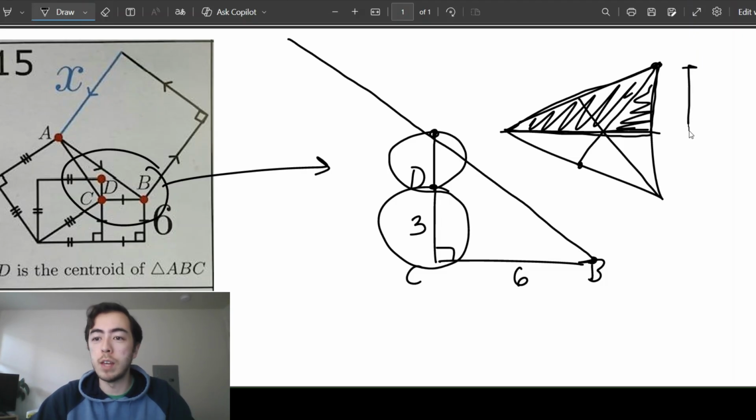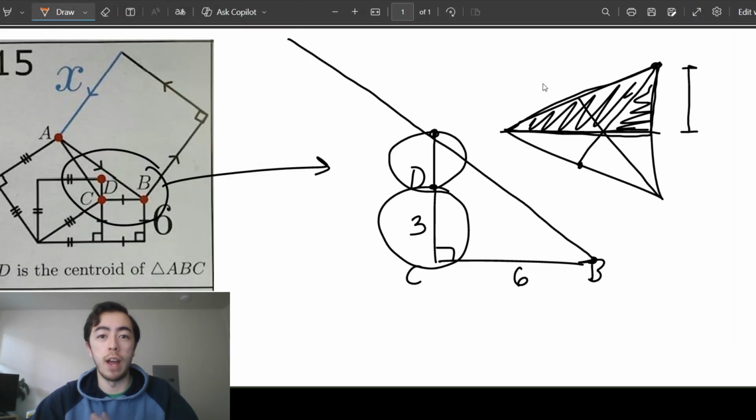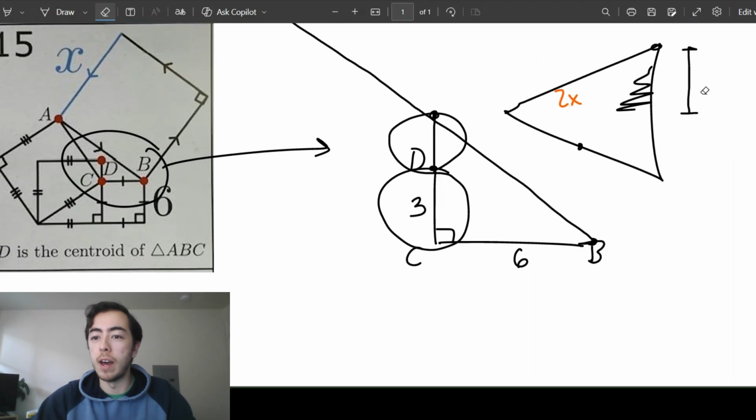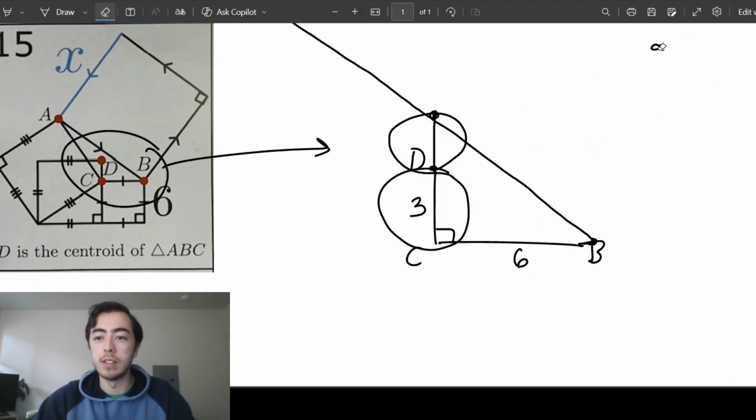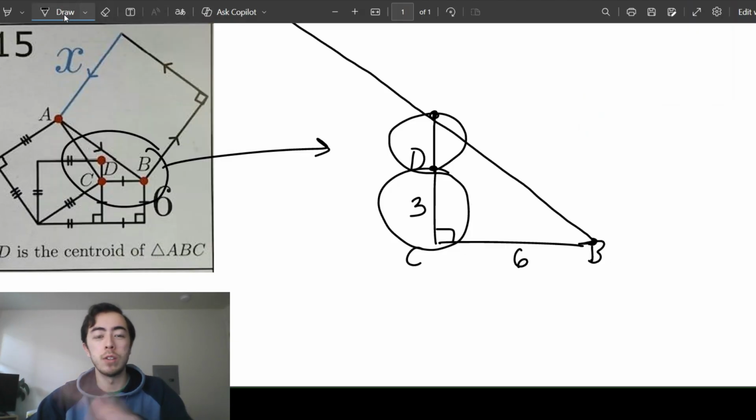And if they have the same height, then the bases should also be twice or half of the other one. So this base should be twice the length of this one, and that kind of proves my claim that the centroid cuts those medians into a 2/3 part and a 1/3 part.